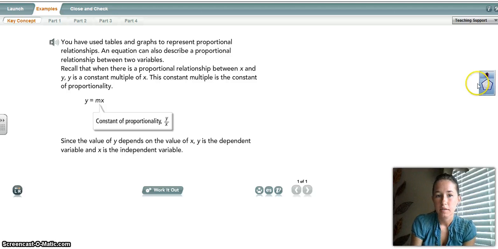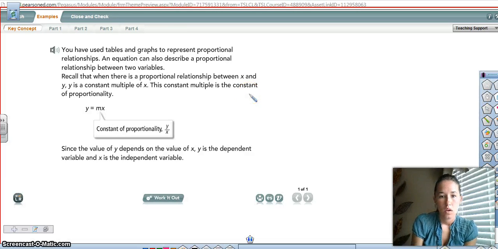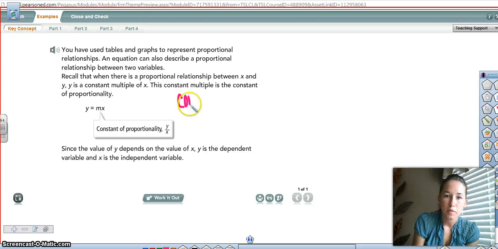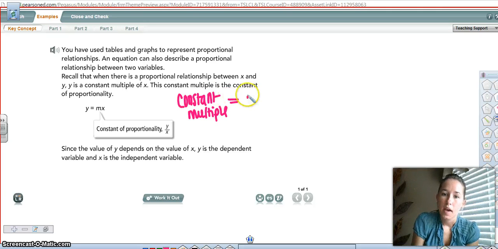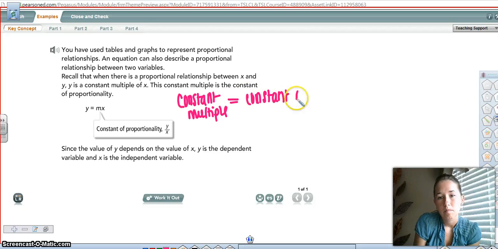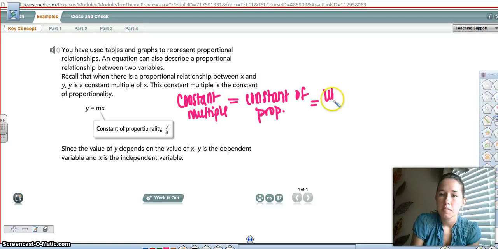Just as a reminder, the constant multiple is the same as the constant of proportionality, which is also the same as the unit rate.